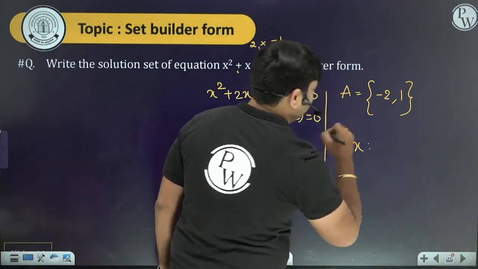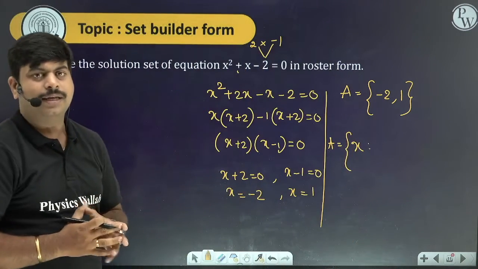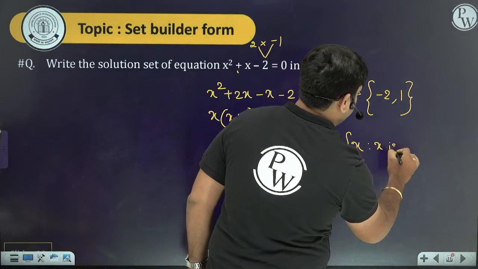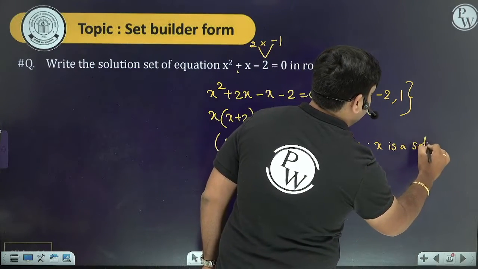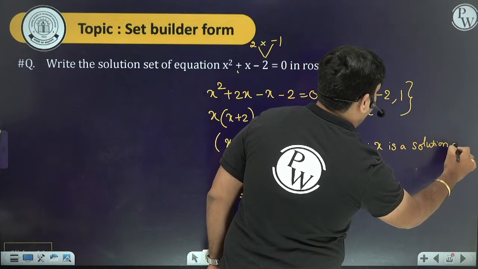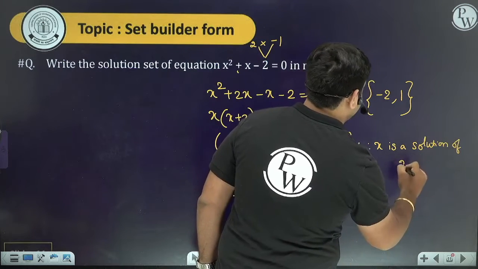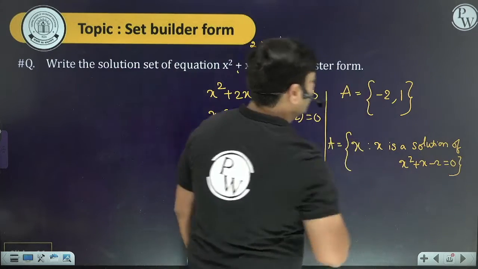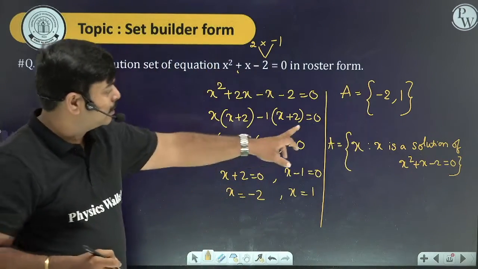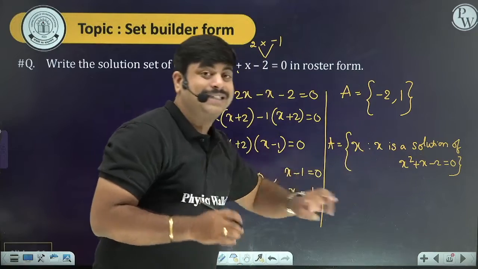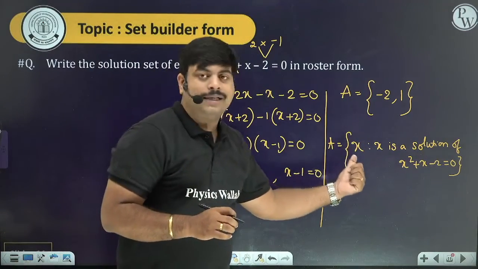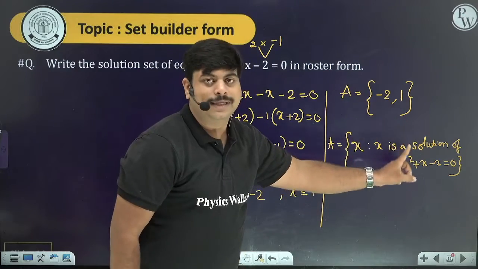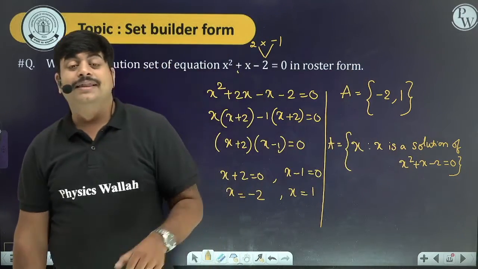X such that, we want to find the numbers x such that x is a solution of the equation x square plus x minus 2 is equal to 0. The two dots is the symbol for such that. That is set builder form.